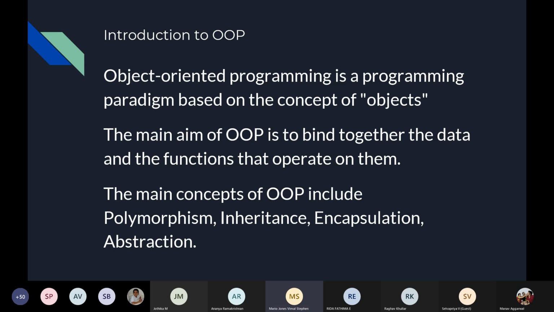So let's say I have these three fields. The first field is the department, the second field is the year, and the third field is your serial number in your class. Object-oriented programming helps you have all of this at one place.